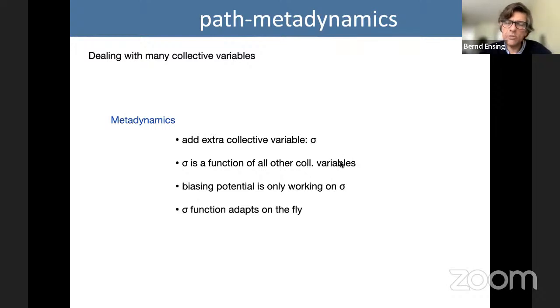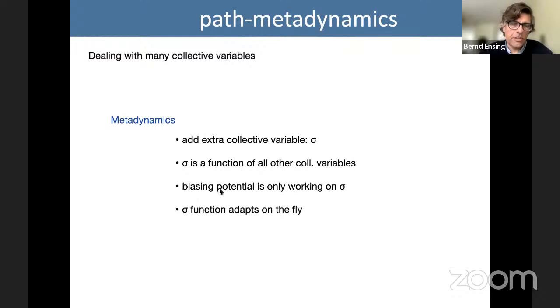And the collective variables, of course, are functions of the atom positions, right? So this could be distances or angles or dihedral angles or all sorts of collective variables that are functions of the atomic positions. And then the path collective variable, sigma, is just a function of those collective variables. So we have one extra layer.